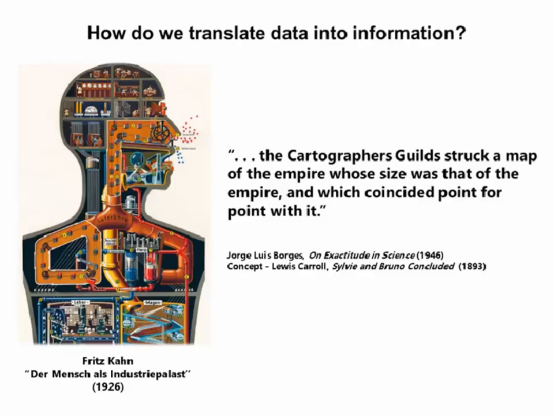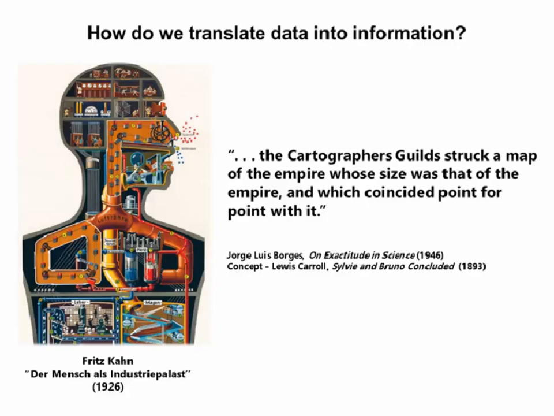And this sort of guides how we take this data organization approach. So Lewis Carroll said, the Cartographers Guild struck a map of the empire whose size was that of the empire and which coincided point for point with it. Basically, this is a map with a scale bar of 1 mile equals 1 mile. So clearly that's a useless map.